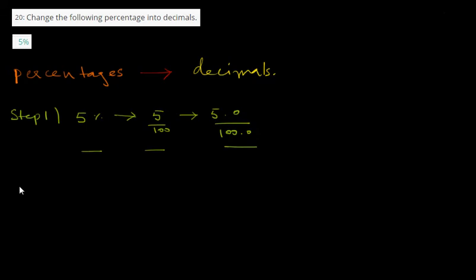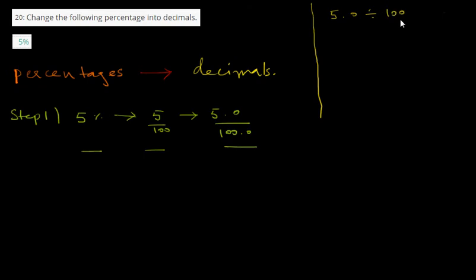There's absolutely no difference. Now before we move on to the second step, let's revise the basics of decimals a bit. So 5 over 100 or 5.0 over 100.0 technically means that we're dividing both these numbers.